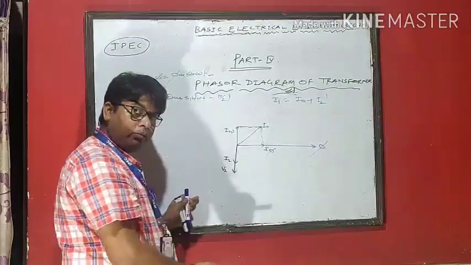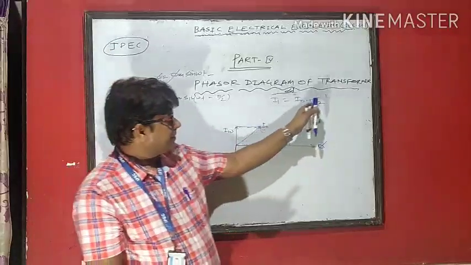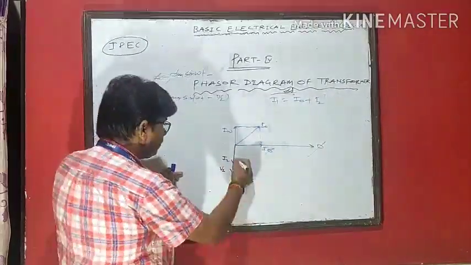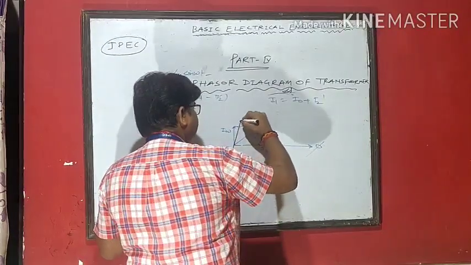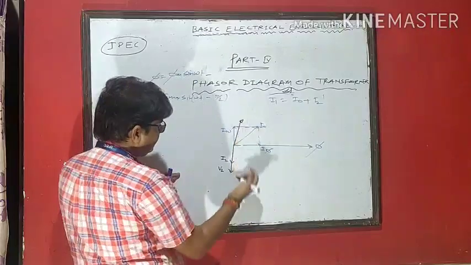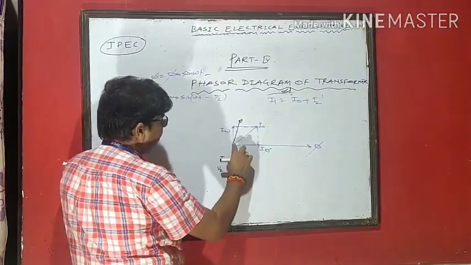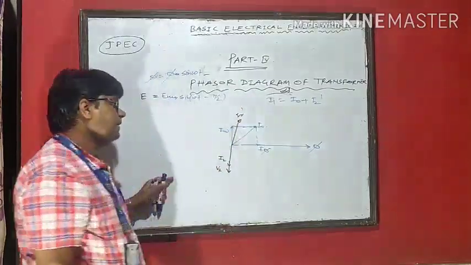For resistive load, I2 and I2 dash have the same magnitude but opposite direction. So opposite of this, on the same line, with the same magnitude of I2, this is your I2 dash.